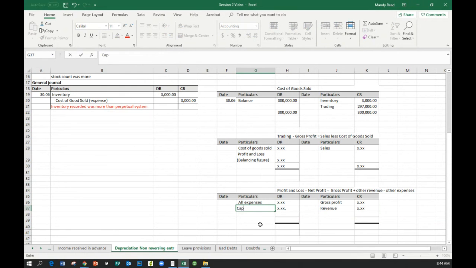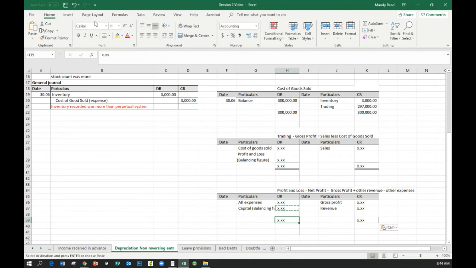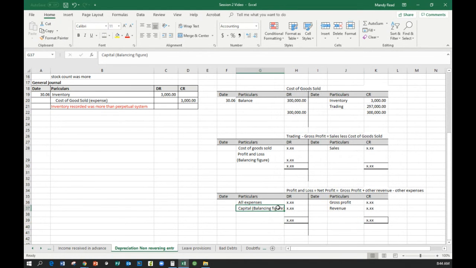And this balancing figure is going to get closed off to the capital, because it's in the capital account that we are going to record the net profit or the net loss. So obviously it's going to be a profit if it is recorded here as the balancing figure, and if this column here is higher than this column here, then the balancing figure will be here and it will be a net loss.